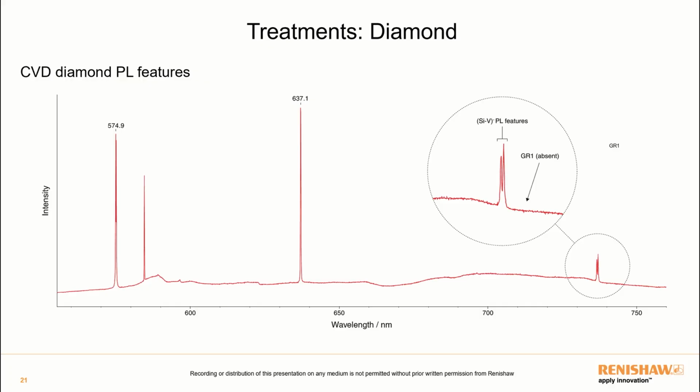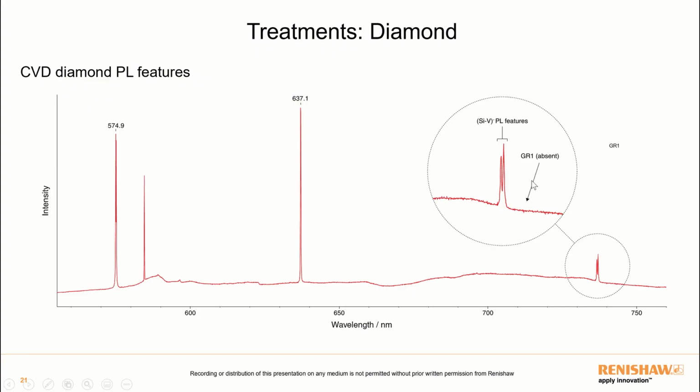This is the case of a CVD, a laboratory-grown diamond, and it's of a major importance for the jewelry industry to distinguish between natural and laboratory-grown diamonds. And this can be done when bands from silicon-related lattice defects, SiV, are present in the low-temperature PL spectrum. Silicon is in fact an impurity usually introduced during the CVD process, and it's not a common feature in natural diamonds.